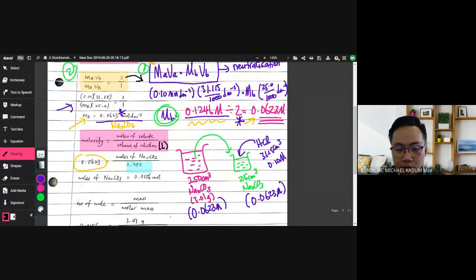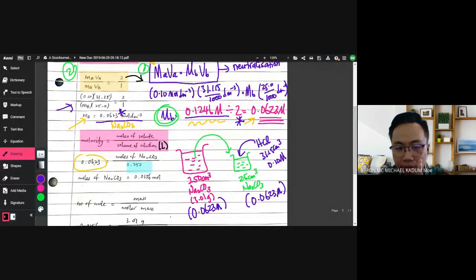So when the concentration in 25 cm3 is identified, when we are able to identify the molarity over here, we know that the molarity will be the same for 250 cm3. Akan sama.